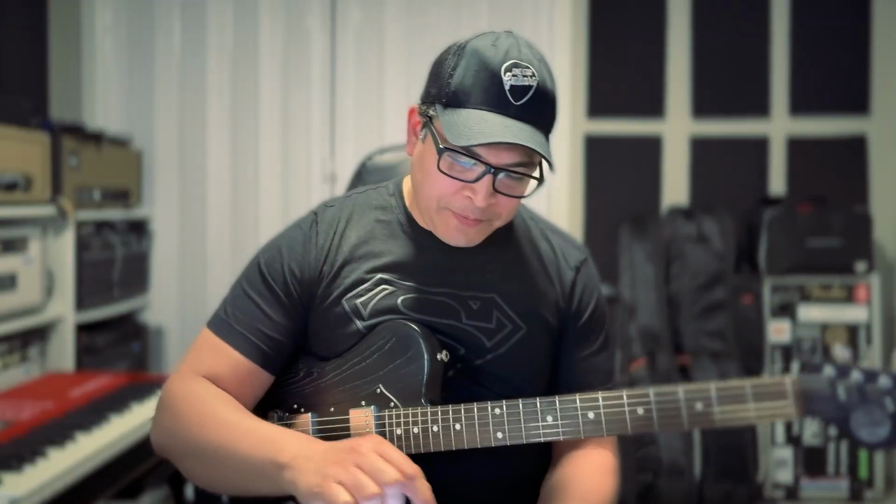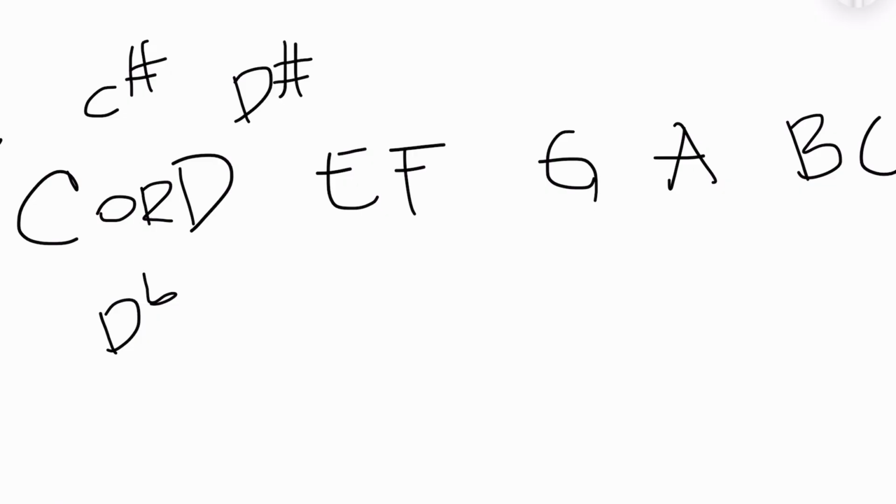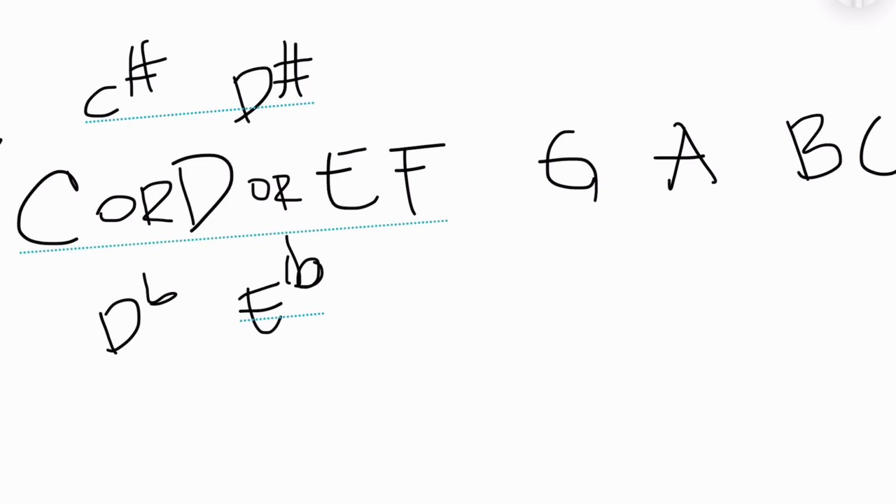So I always recommend from the beginning to learn both names. Then we have D sharp and E flat. E flat is between D and E. Now, as you can see, between E and F I didn't leave a space between those notes.